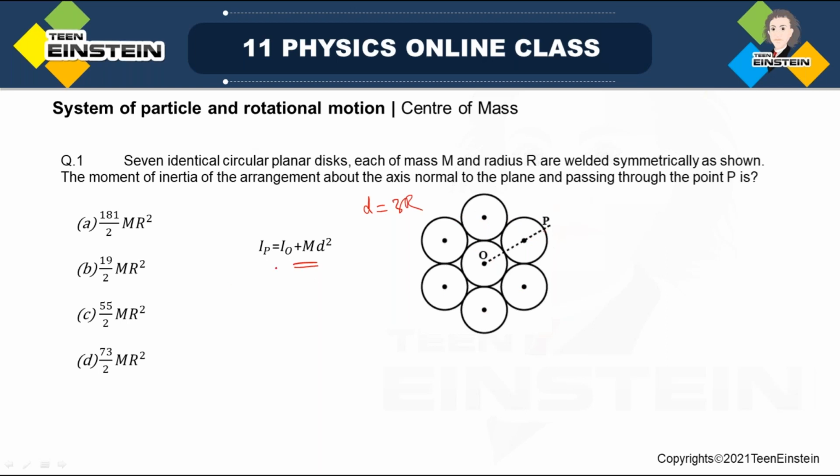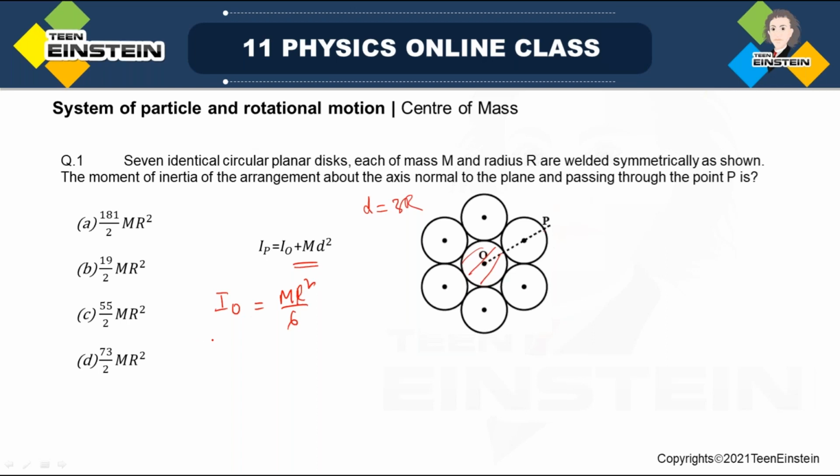So first of all, what is the moment of inertia about O? That will be the moment of inertia of this particular central disk first of all. So this is actually MR square by 2.